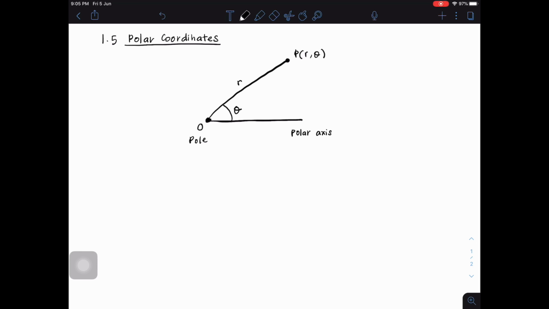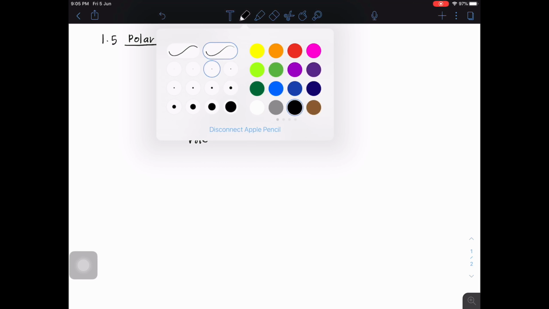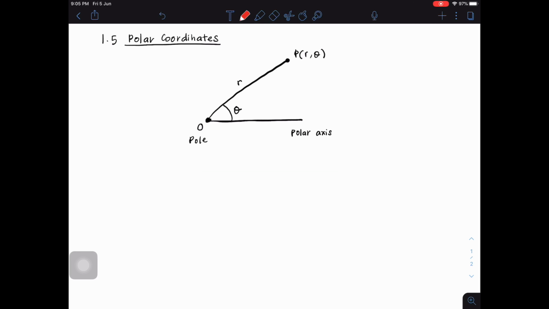In such a coordinate system, we can associate any point P in the plane with a pair of polar coordinates r, theta. We can draw any point P in polar coordinates, let's say this one, which consists of r and theta.